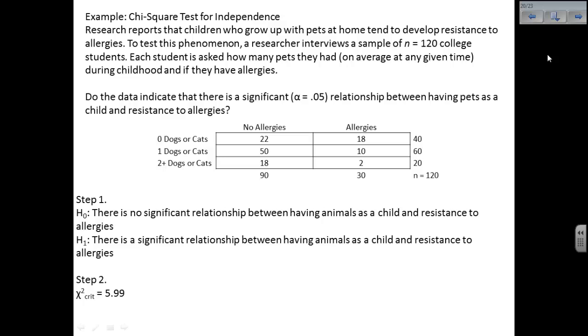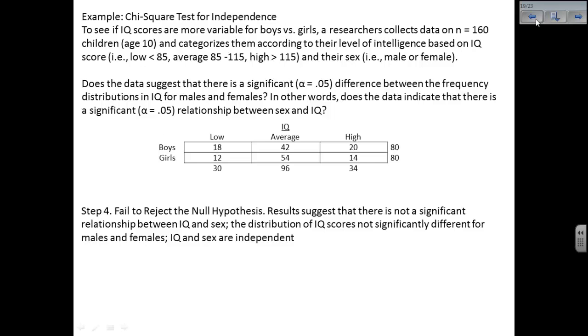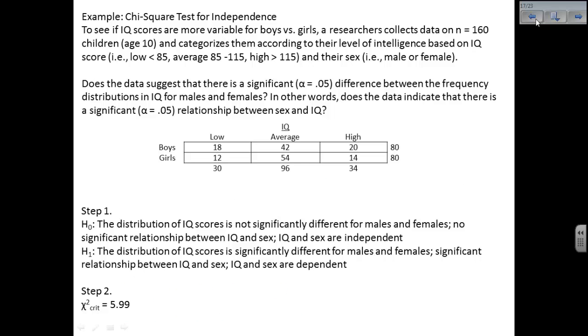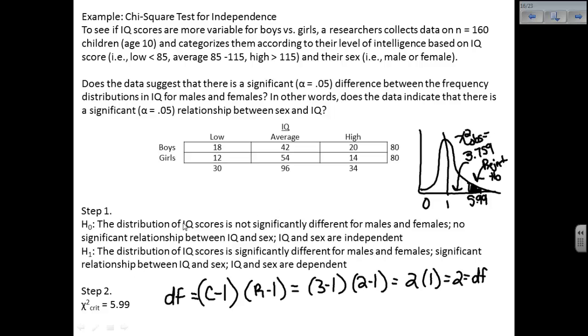So, in step one, we're saying there's no significant relationship between having animals as a child and resistance to allergies under the null. I'm just going to state it the way I like to state it. Then you could also state it, going back to these ways. You could say the distribution of having pets and having allergies is independent, or there is no difference in the distribution of allergies based on having pets.